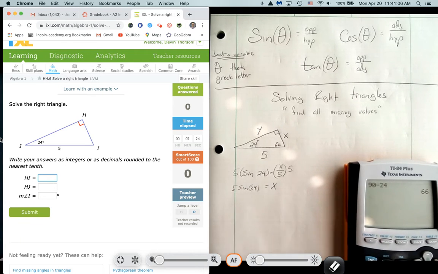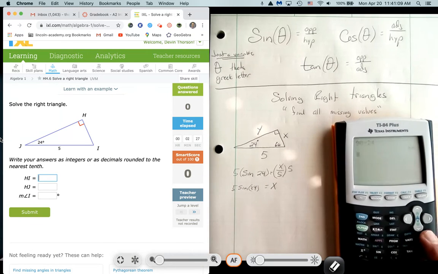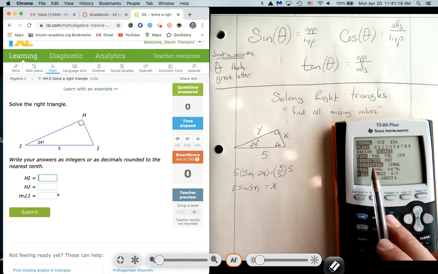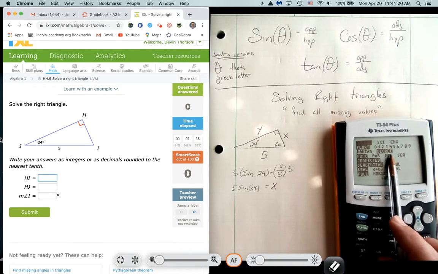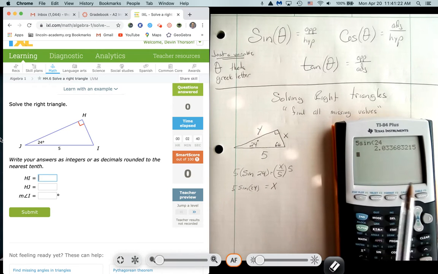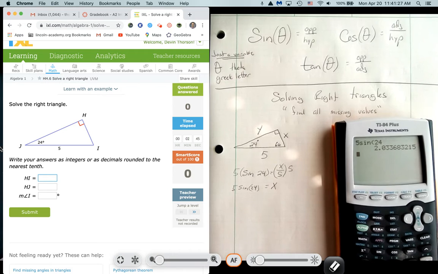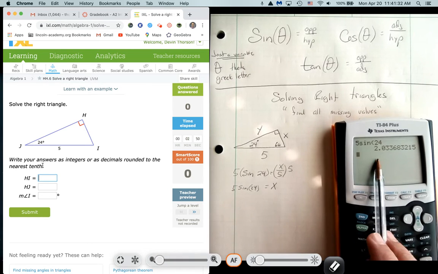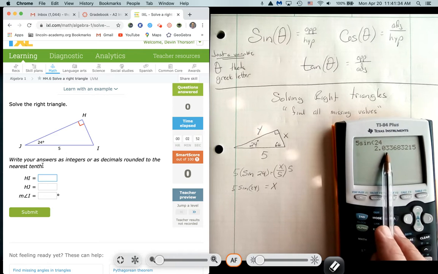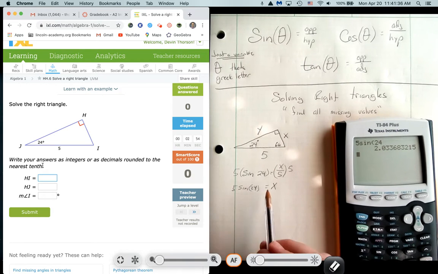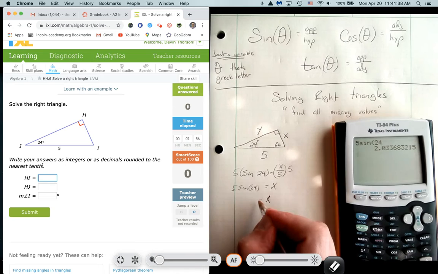I can do that with my calculator. By the way, make sure your calculator is in degree mode. So 5 times the sine of 24 is 2.03. The problem says to round your answers to the nearest tenth, so since it's 2.03, it's 2.0. So x is 2, basically.